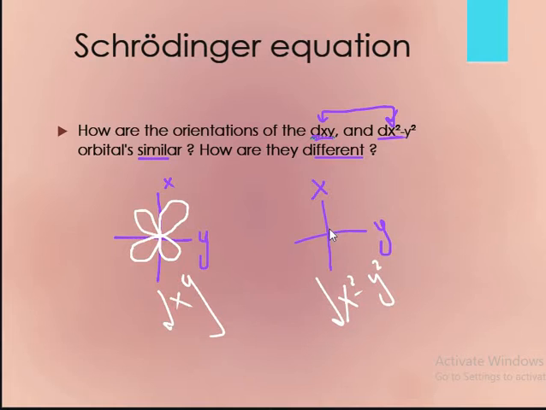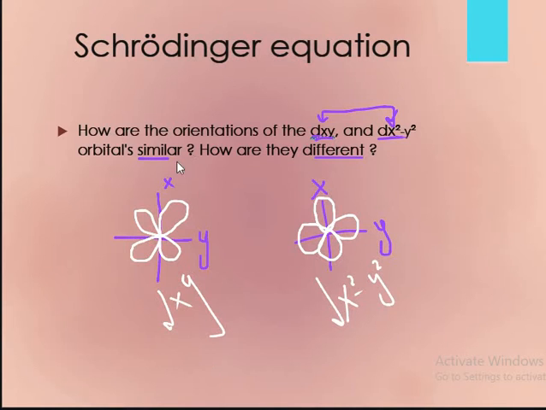Now look here. For dx²-y², the electron cloud is located on the x-axis and on the y-axis, not between them.